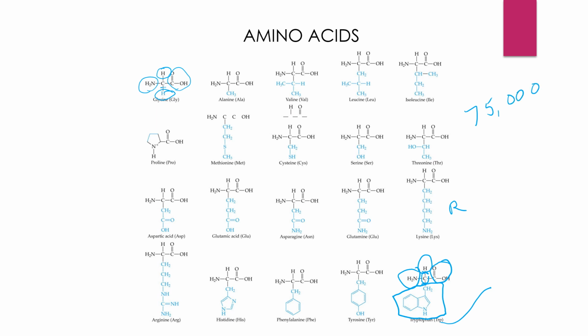The reason we can have so many is that these 20 amino acids can be combined together by dehydration synthesis to make lots of different proteins. It's kind of like the letters of the alphabet. We have 26 letters, and we can put them together to make millions of different words. Likewise, we can put these 20 amino acids together, in different order and different lengths, to make lots of different proteins.